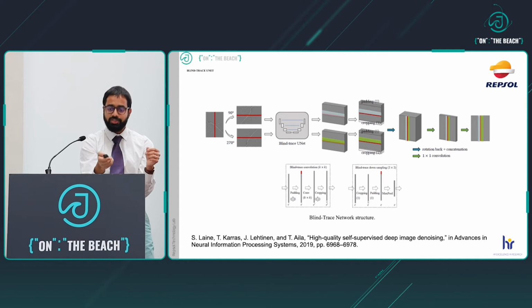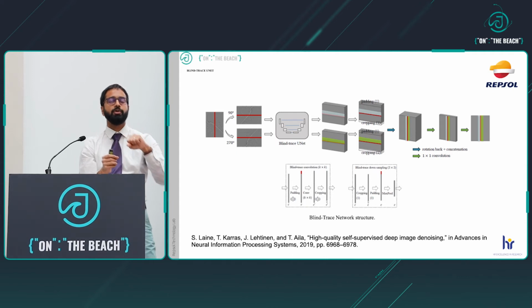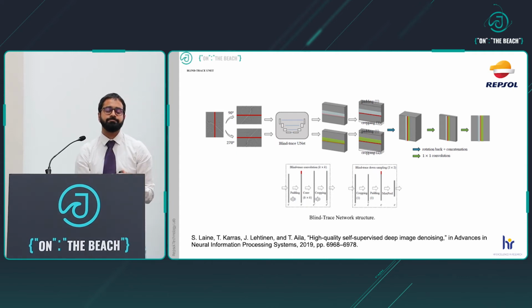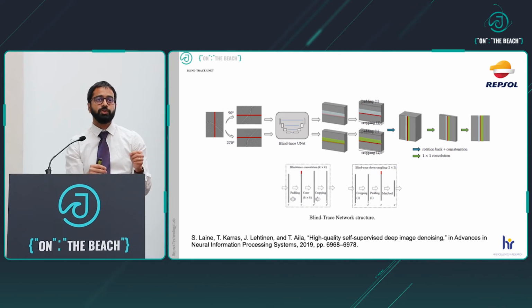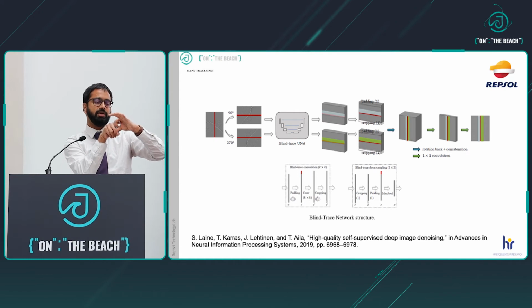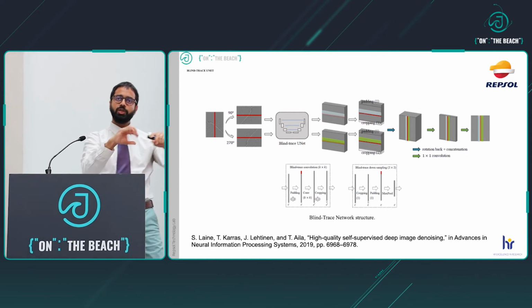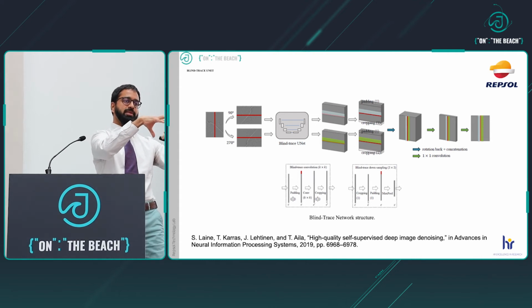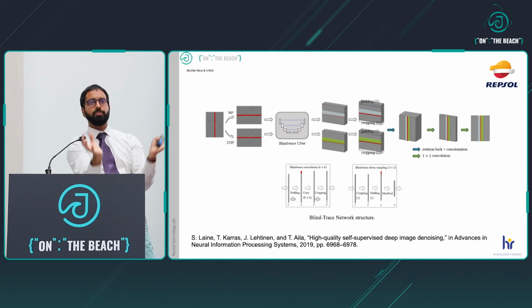There is another paper, by Laine and co-authors. They have done this for standard image denoising applications. They modified the U-Net in a way that you have a central one-spot gap. So you use the U-Net to, for example, predict what is happening at a point, but when you do the convolutional operations, you don't include that point.